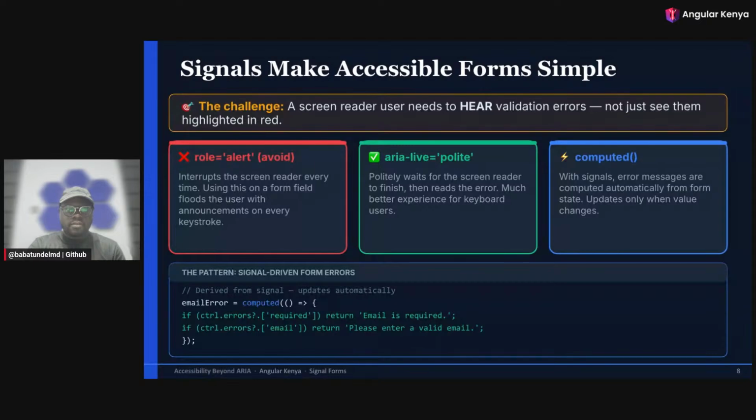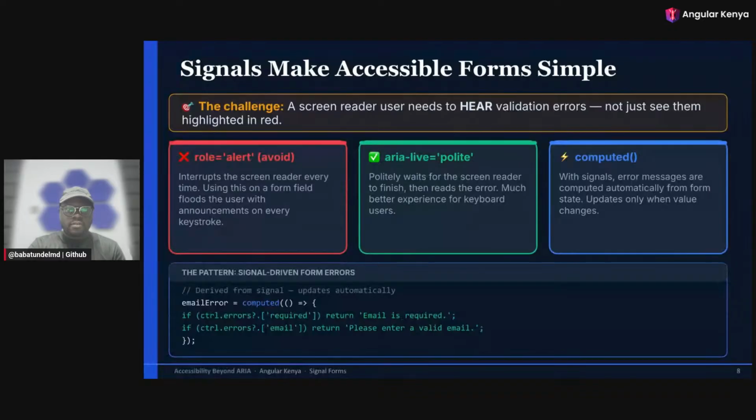So look at this pattern here: signal-driven form errors. Of course, this computed is derived from the signal. You cannot have computed without signal, right? So your computed is relying on the changes from the signal. We have this email error, and you can see right here, when the error changes, the user is automatically updated.